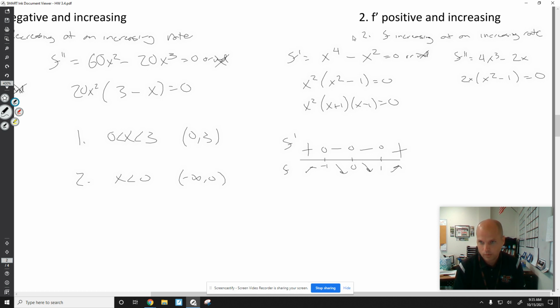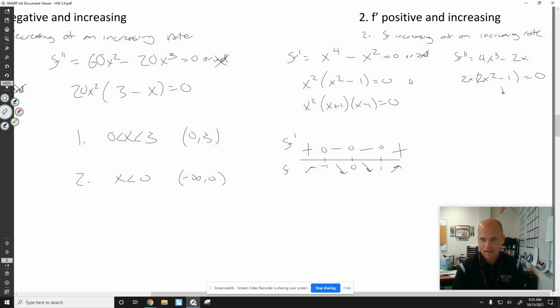I have 2x squared minus 1. That's right. I probably wouldn't factor this like I factored this. This I could have solved, set equal to 0. You get x squared minus 1 equals 0. You add 1, you get x squared equals 1. You square root both sides, you get x equals plus or minus 1.